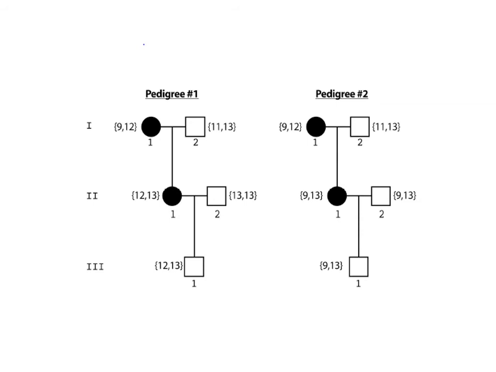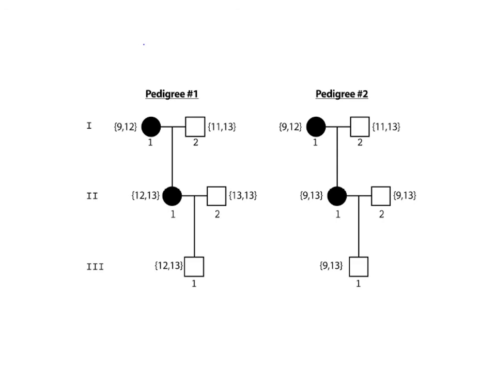So the woman in generation 2 got alleles 9 and 13 plus a disease. Her mom had a 9 and a 12 to give to her, and father's 11 and 13. So she got allele 13 from her dad, allele 9 from her mom, along with the disease. So those two are associated in the mom. She's phase known. If we look at the child, he's 9-13 and no disease. So the question is, is he recombinant or not?